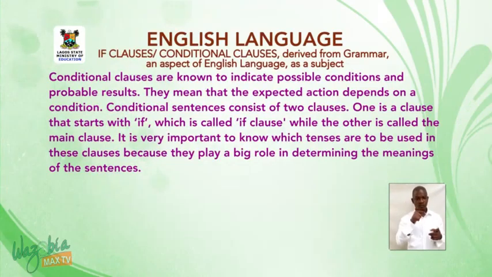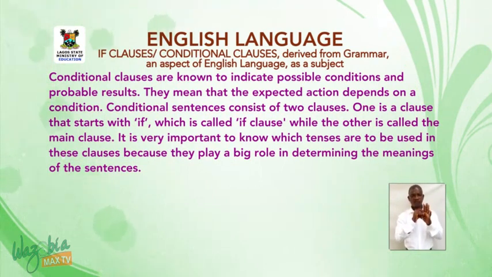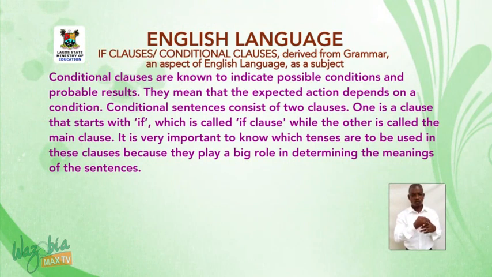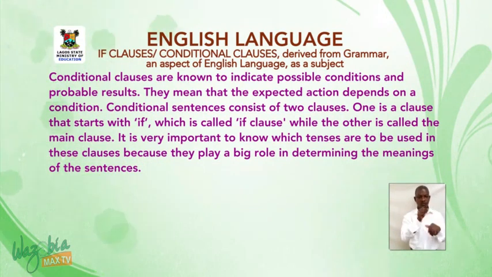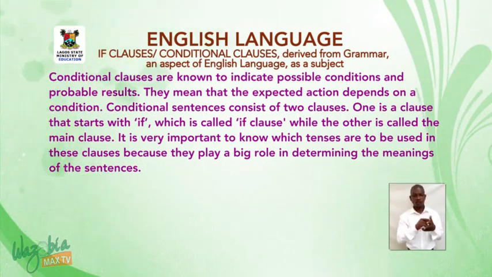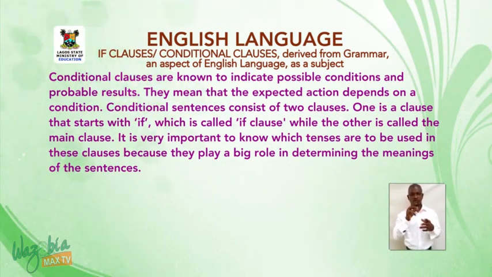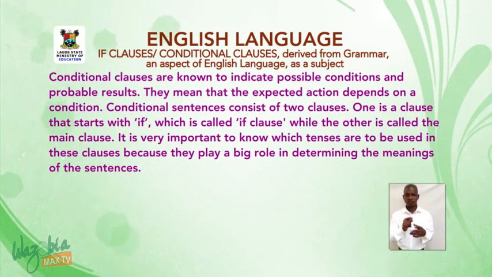Conditional clauses are known to indicate possible conditions and probable results. They mean that the expected action depends on a condition. Conditional sentences consist of two clauses.